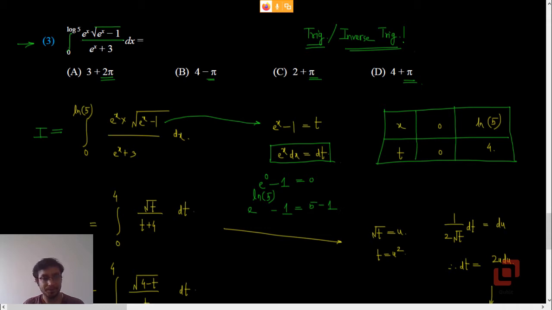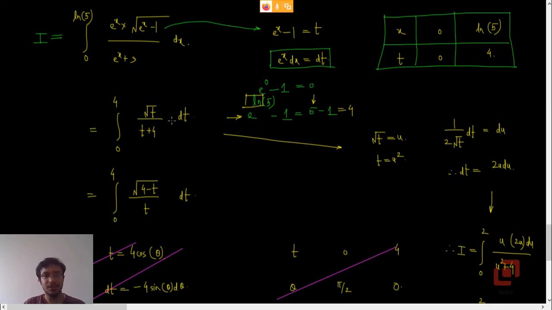How? We note that the logarithmic function and the exponential function are inverse functions of each other. So log of e to the power 5 will be 5 and e to the power log of 5 will also be 5. So 5 minus 1, 4. We have now got the limits on t, 0 and 4.